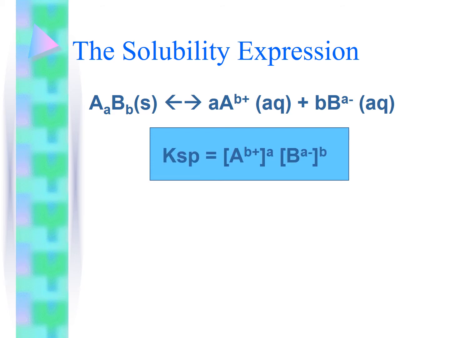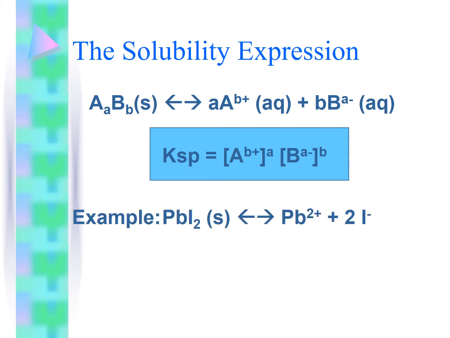This is the expression. So remember that you're using the coefficients as the exponents in the KSP, and remember that when you write your equation for dissolution, you have to pay attention to the ratio of ions in the salt, and that ratio of ions is determined by the charges.